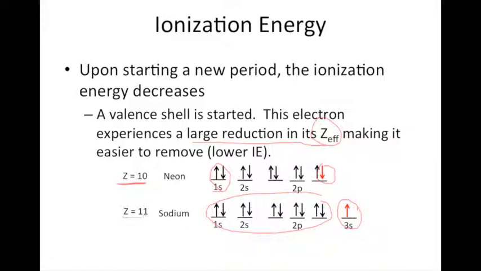And its actual nuclear charge only increased by +1. So this electron in the 3s shell for sodium will experience a large reduction in the effective nuclear charge, making it require much less energy to remove that electron compared to the outermost electron for neon.